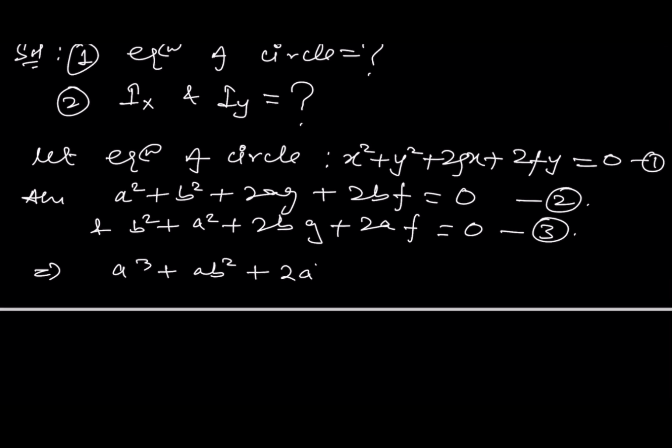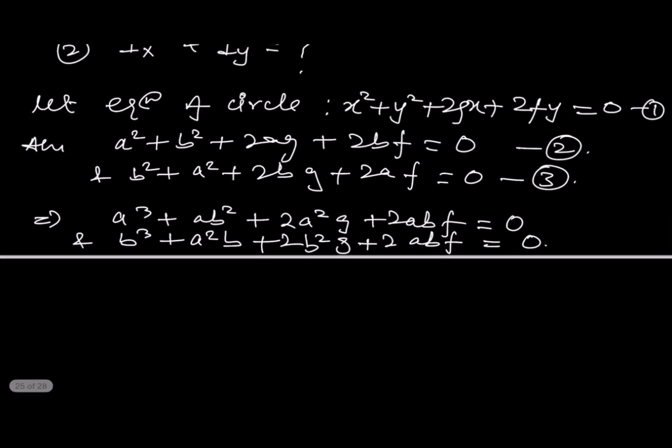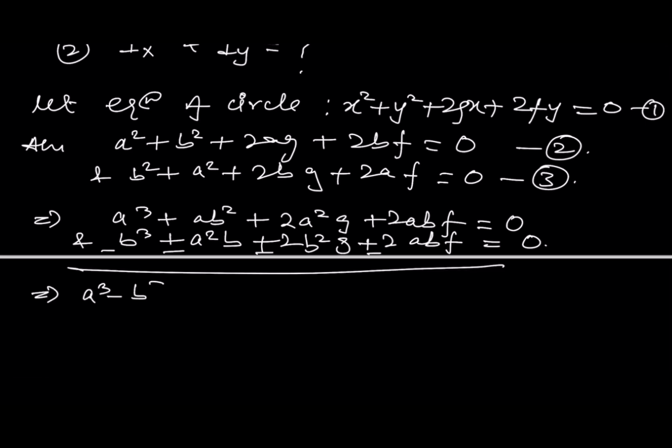So now I am writing like this: 2b square g plus 2abf is equal to 0. Okay, now I will subtract one from the other. Now it results in a cube minus b cube plus ab times (b minus a) plus 2g (a square minus b square) is equal to 0.